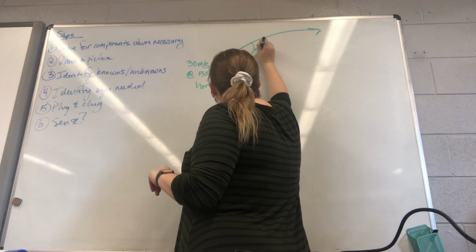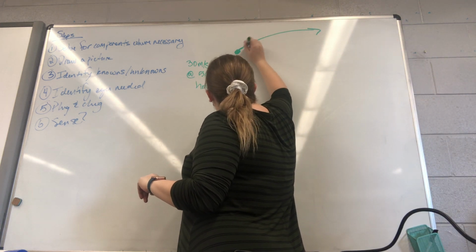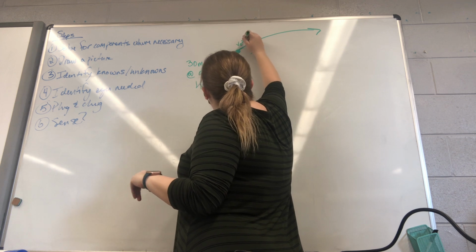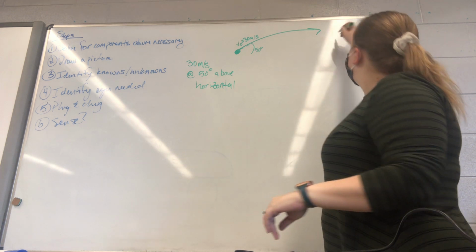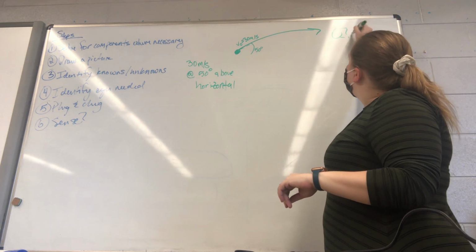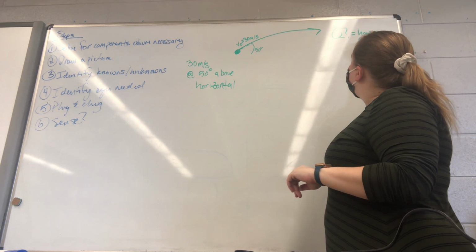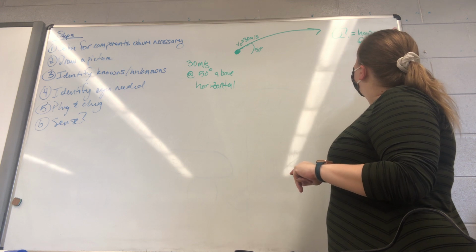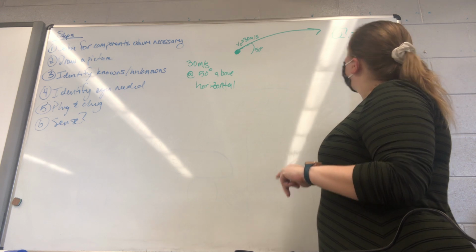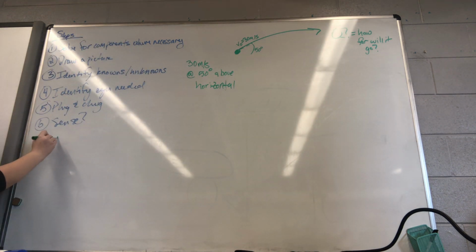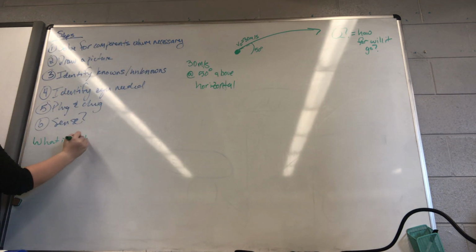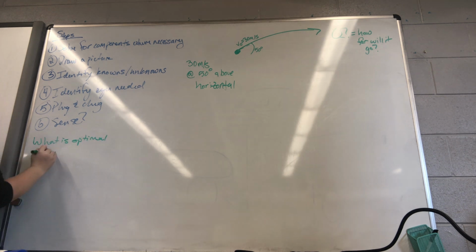So we're told this is 50 degrees and that V naught is 30 meters per second. Okay. Question is, how far? Question I want to remind you of: what is the optimal angle?